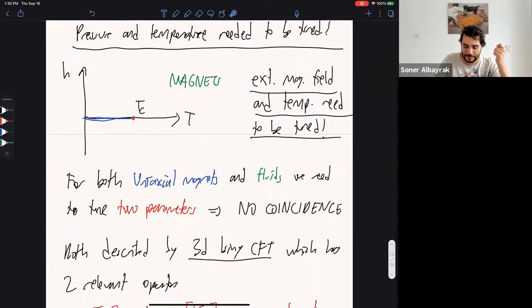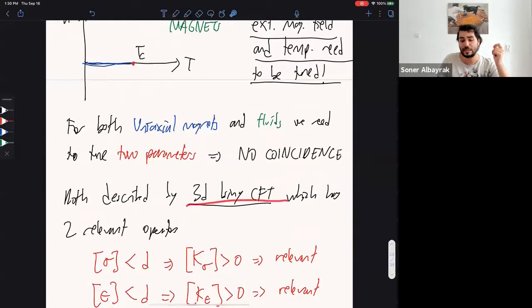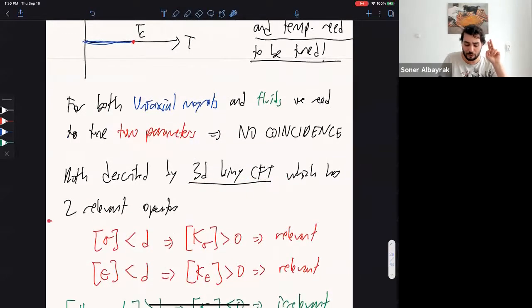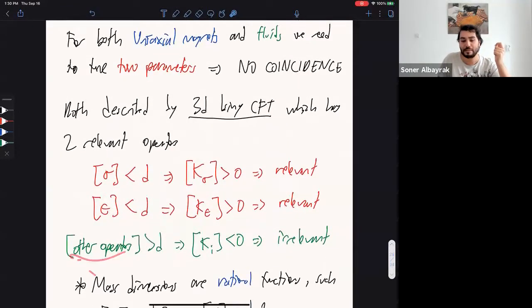The fact that for both uniaxial magnets and fluids we need to tune two parameters is not a coincidence. It is because these theories are both described by the same CFT, the 3D Ising CFT, which has two relevant operators, denoted sigma and epsilon. All other operators are irrelevant, meaning their mass dimension is greater than D.